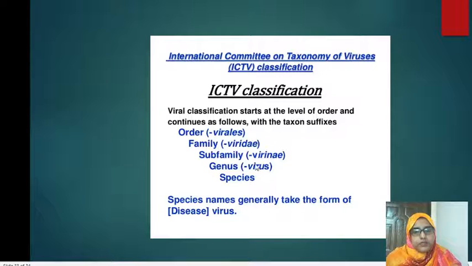Then subfamily, we will add virinae at the end. Then genus, at the end we will add virus. For example, poliovirus. Genus will be polio, or for smallpox you can say pox, then poxvirus.